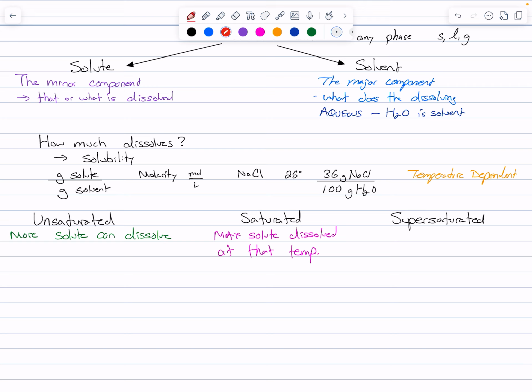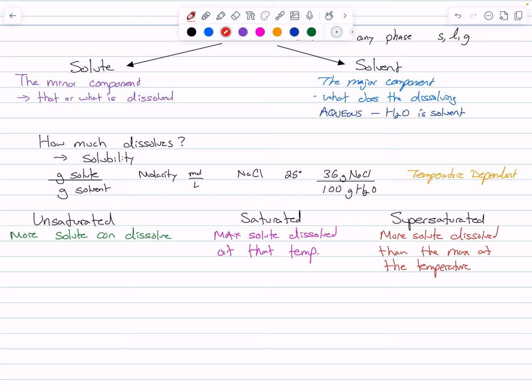And supersaturated means more solute dissolved than the max at that temperature. Right? So you have your concentration is above the solubility.